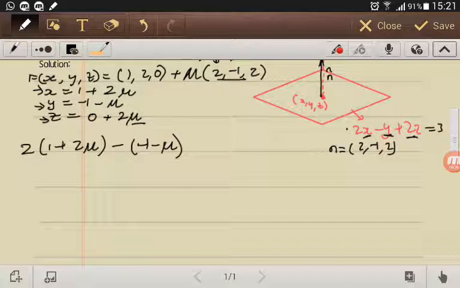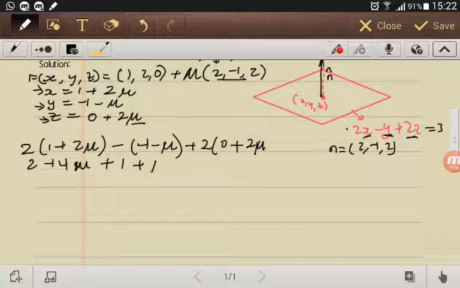Then we go for z, which is plus 2 times 0 plus 2 mu. So from here we simplify, so that's plus 2 minus mu, and then we get plus 4 mu. This everything here is equal to 3.